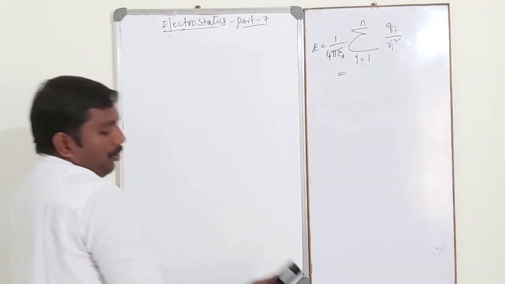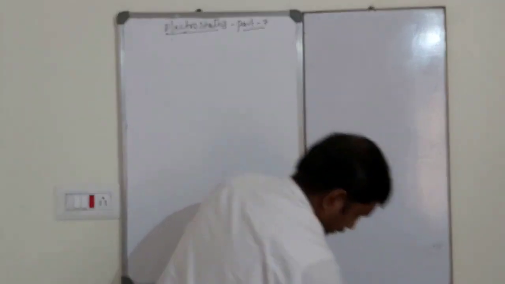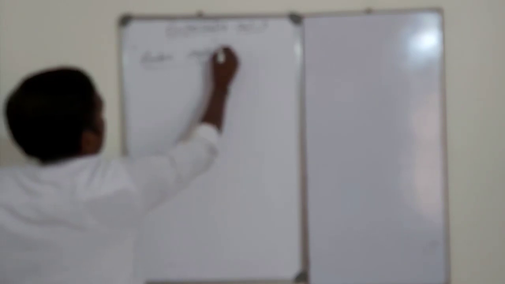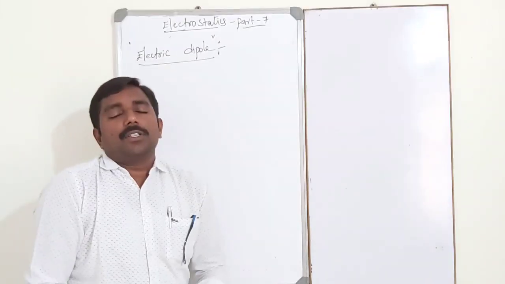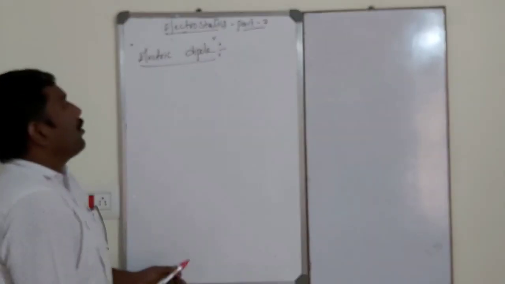Electric dipole. This is the important one, students. What is meant by electric dipole? Two equal and opposite charges separated by a small distance is called an electric dipole.